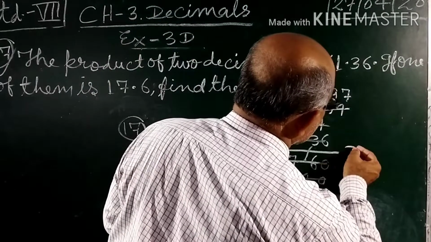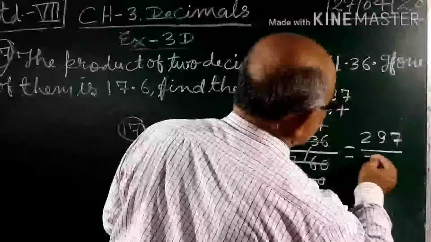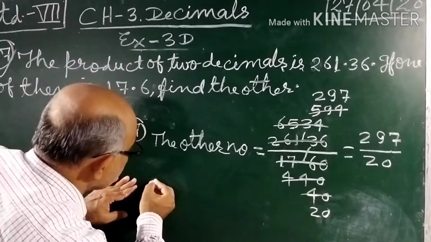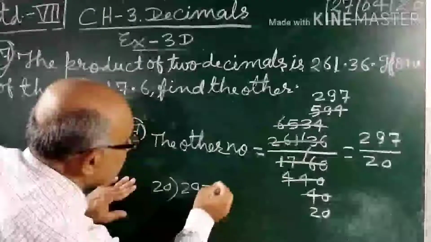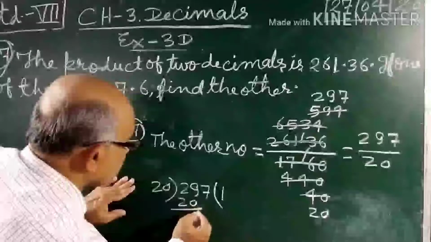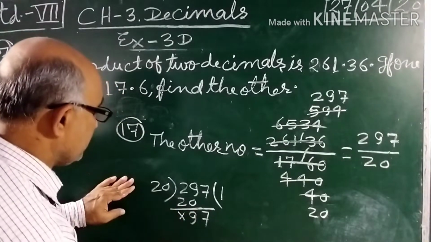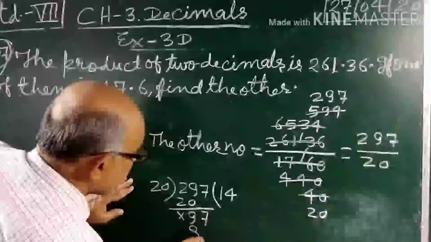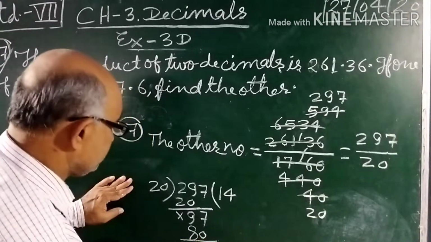Now divide 297 by 20. So here 20 into 297. One time 20. 9, 7, 2 cancel. 4 times 20 is 80.